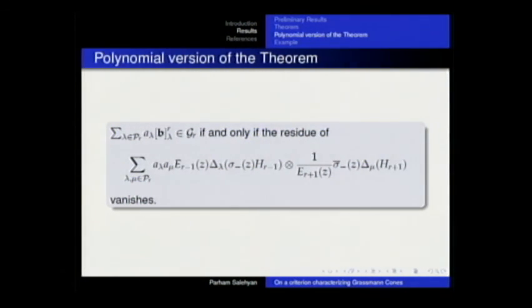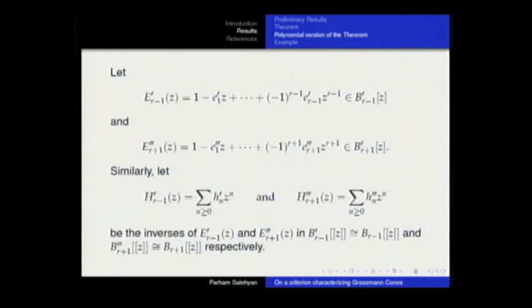But we can see this criterion in a much simpler expression. That is, let E_R prime, E_R minus Z, this polynomial, which is an element of B_{R-1}, and this polynomial here, and consider the inverse of these polynomials in these rings here.